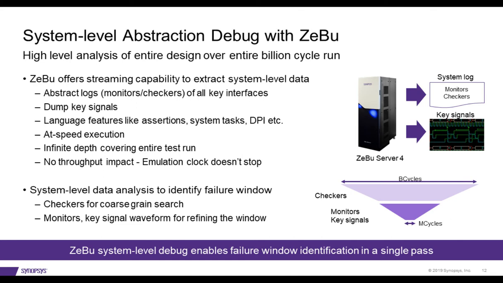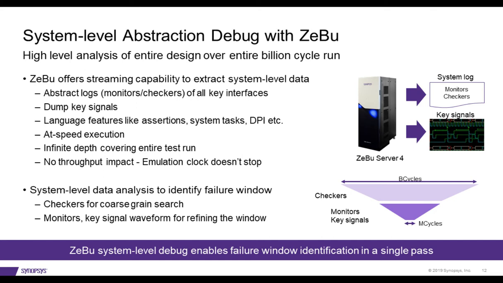So let's start off with system level abstraction debug with ZeBu. As we laid out earlier, here the goal is that we want to do high level analysis of the entire design over the entire run period of billion cycles or more. In terms of technologies and capabilities, ZeBu actually offers multiple streaming capabilities to abstract system level data.